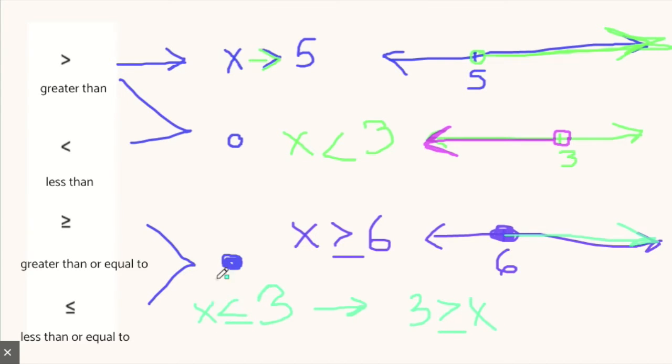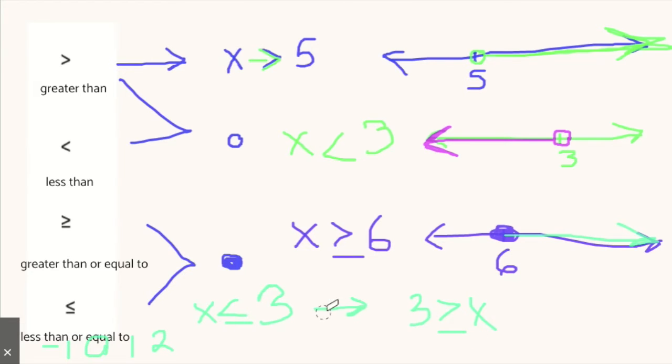This is saying that x is less than 3, so x can be 2, 1, maybe 0, -1, any number that is less than 3. And this means 3 is bigger than x. So x needs to be smaller than 3, which again, 2, 1, 0, -1, any number in between. So these two are the same thing.